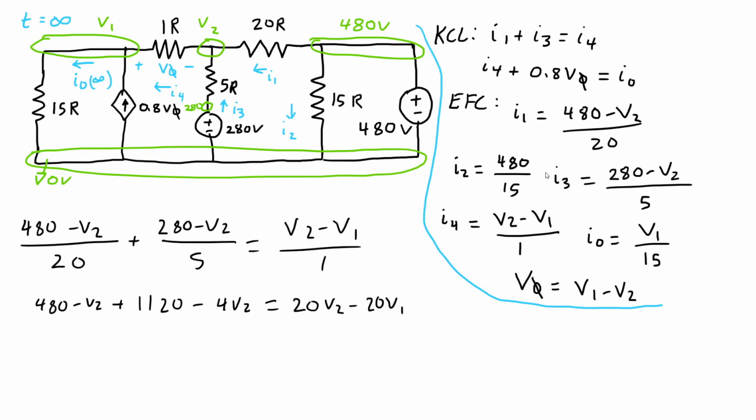So I'm going to simplify this expression. Say it's minus 20 V1 plus 25 V2 equals 1600. So it's going to become equation 1.